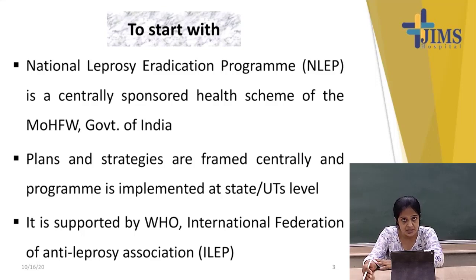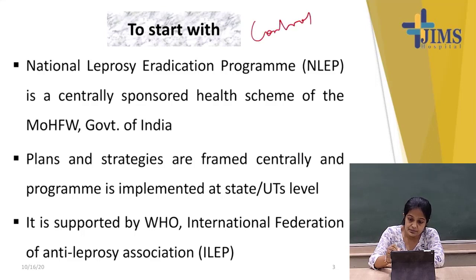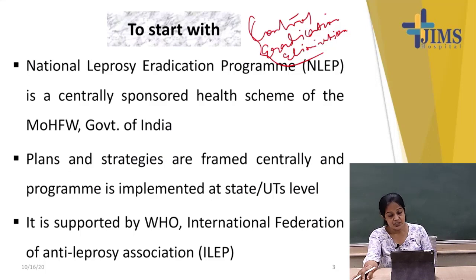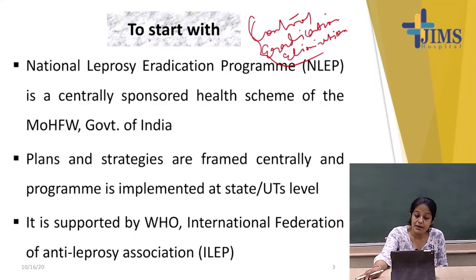But up to this, control, eradication and elimination, we have to remember. Plans or strategies as usual are framed centrally, but the program is rolled out at the state and union territory level.